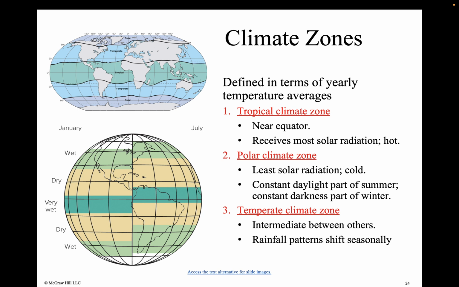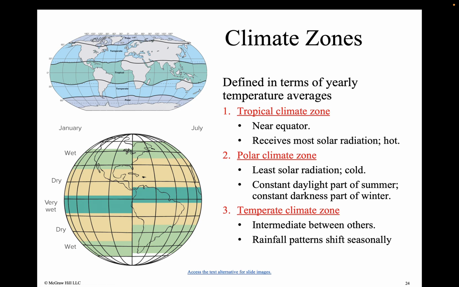Essentially we divide these zones as a tropical climate zone, which is near the equator because it receives more solar radiation, and the temperatures here are essentially higher, with very small variation throughout the year.